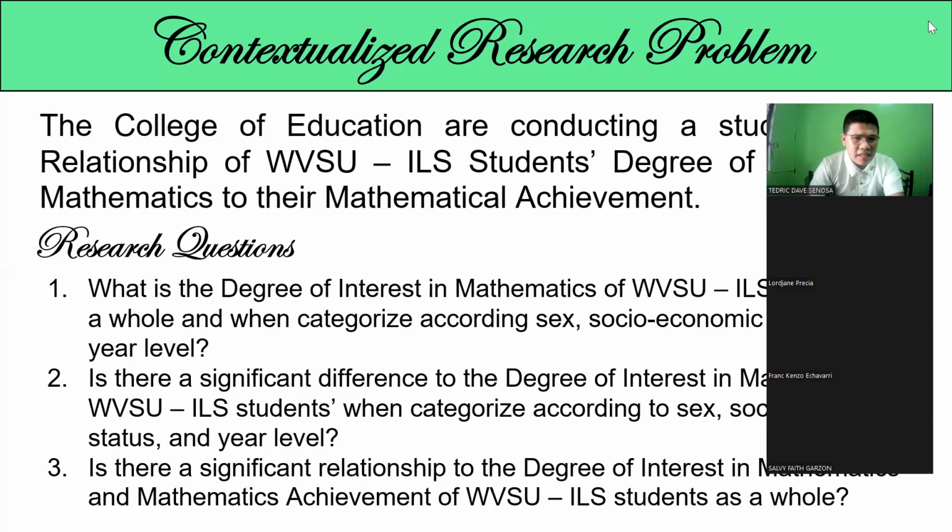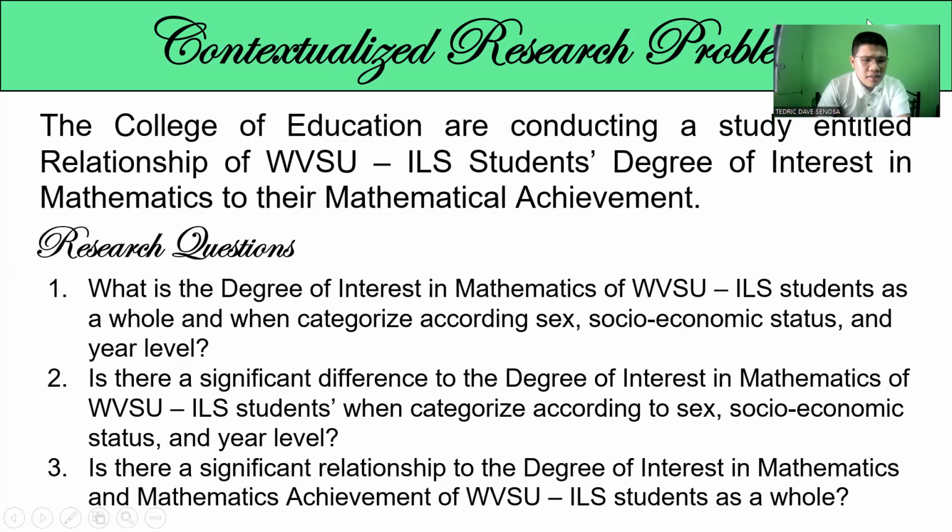As you can see, the questions presented in this research problem are somewhat aligned to your own research problems. There are groups in our class that have only 2 research problems. The number 1 states, for example, the level of acceptability or parent involvement, so the degree of parent involvement.